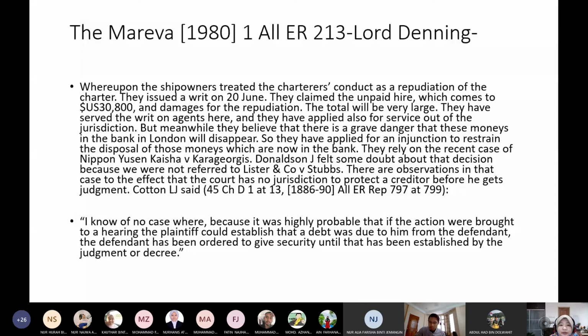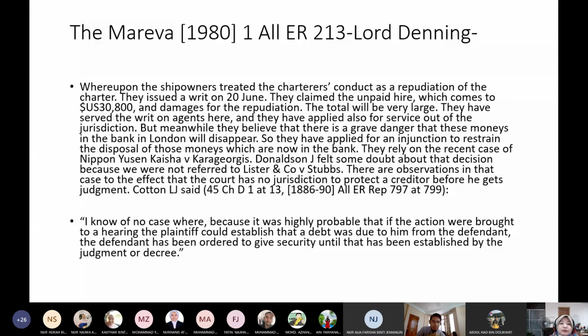So meaning that until the case is disposed of, there's no security for the plaintiff. That was what Donaldson J believed based on Cotton LJ's case.